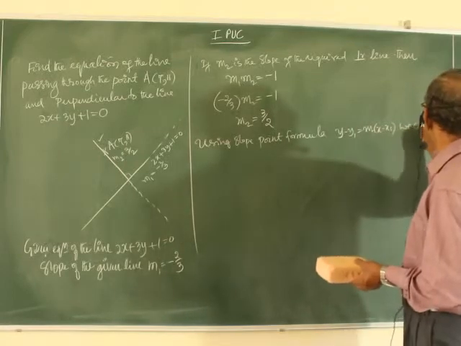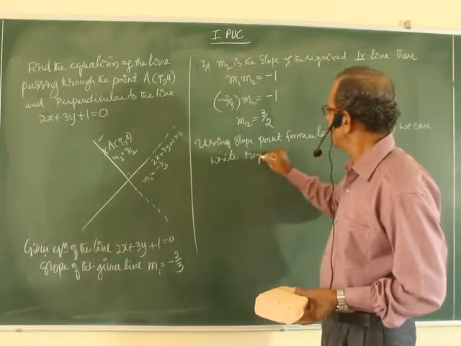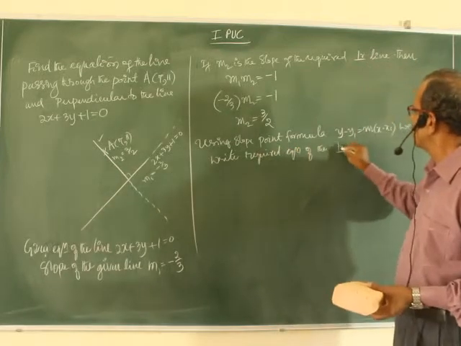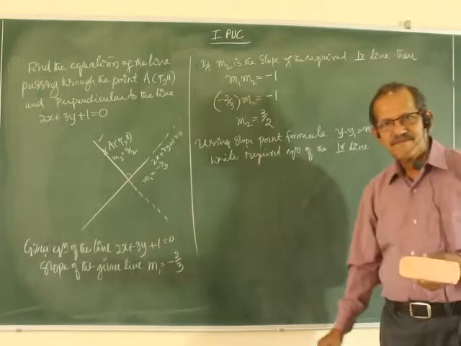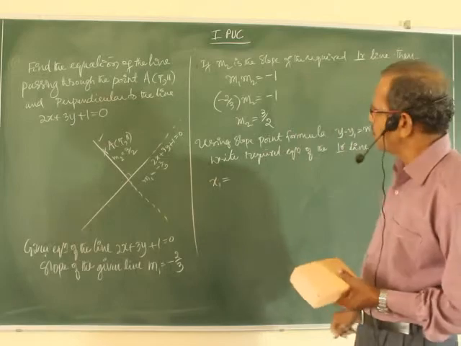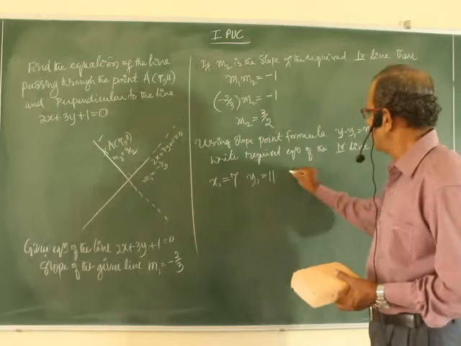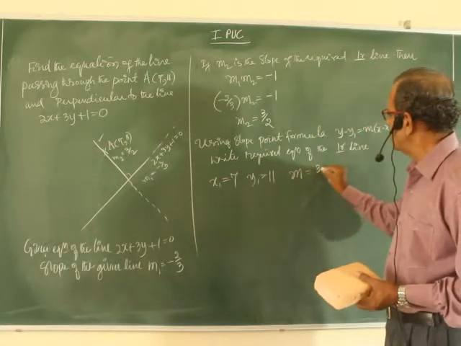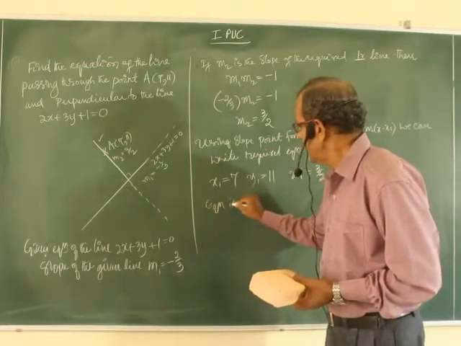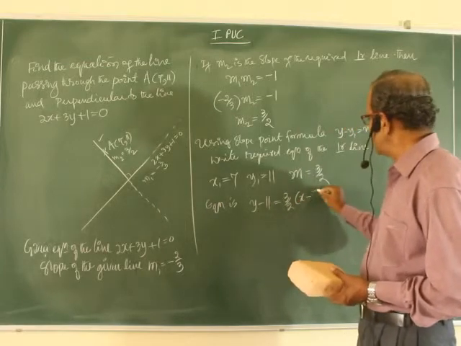The required equation of the perpendicular line: x1 is 7, y1 is 11, m is plus 3 by 2. The equation is y minus y1 equal to m into x minus x1.